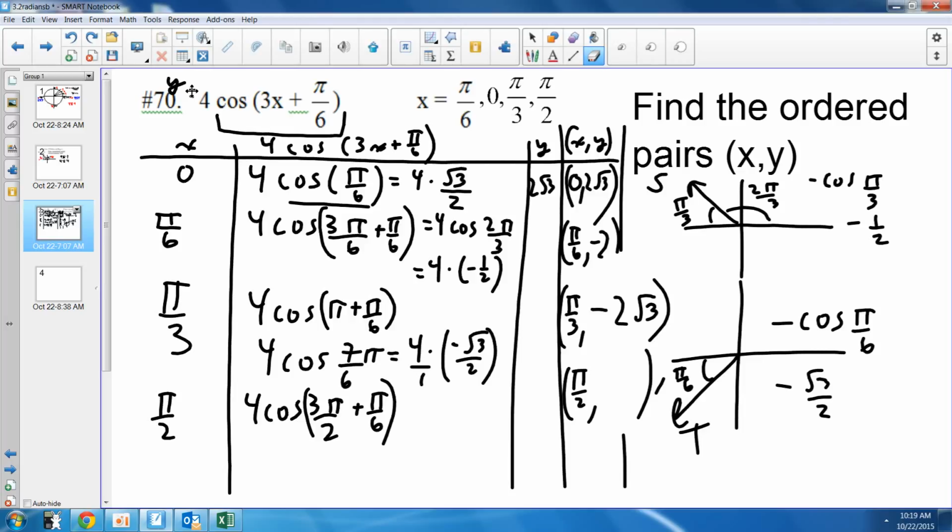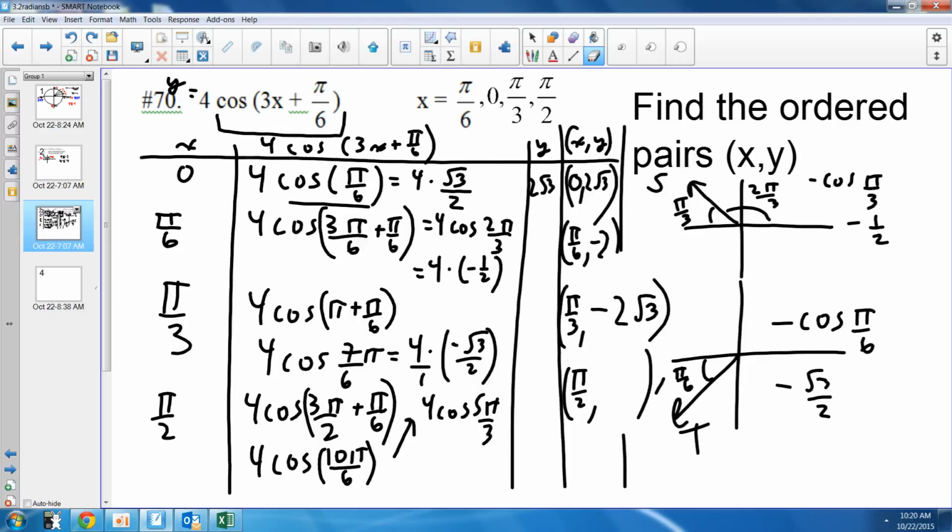So 4 cosine, this is going to be 9 pi over 6 plus 1 pi over 6 is 10 pi over 6, which is the same thing as 4 cosine of 5 pi over 3.